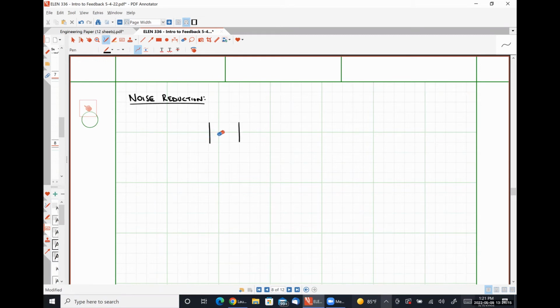How we might represent this is something like this, where we have our amplifier A, and then here is our output signal, Y, and the input to the amplifier is our desired signal, XS, and then also this signal, which we're going to call X noise, where X noise in this case is what I'm going to call the input referred noise.